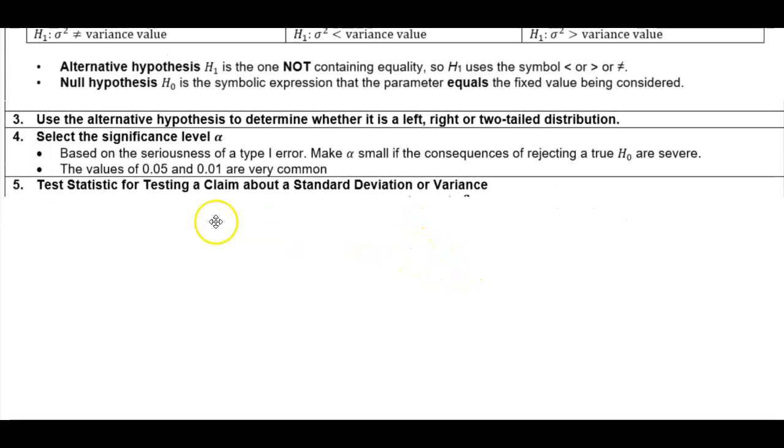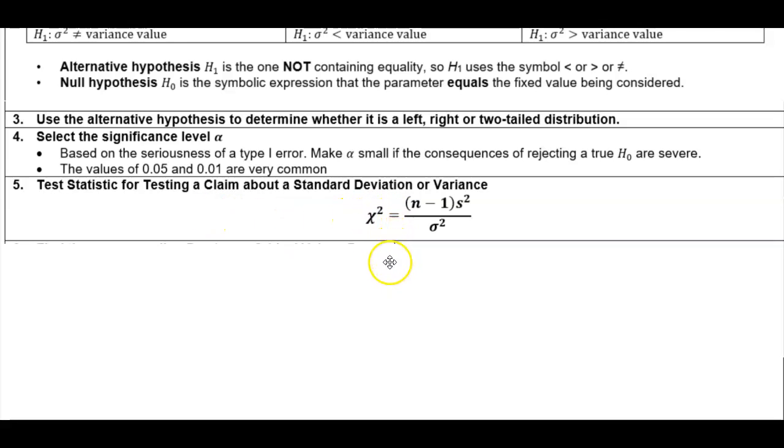The test statistic for testing a claim about a standard deviation or variance is chi-squared, which is equal to the quantity of the sample size minus 1 times the sample variance over the population variance. Or we can say that this is the sample standard deviation squared divided by the population standard deviation squared.